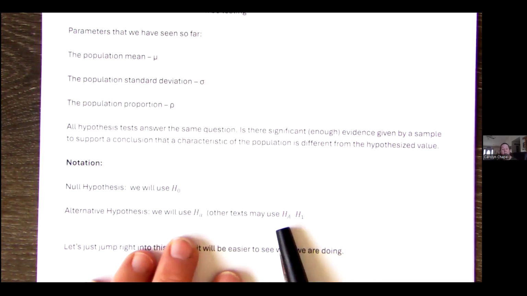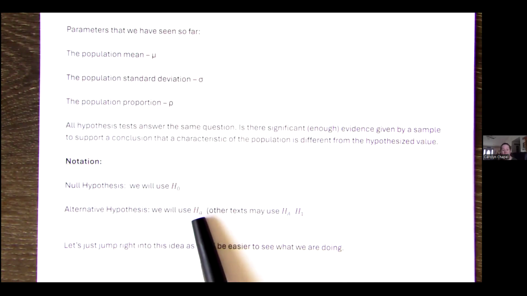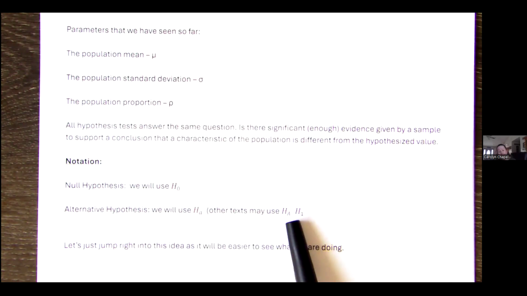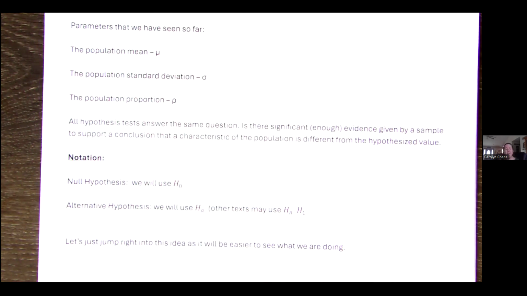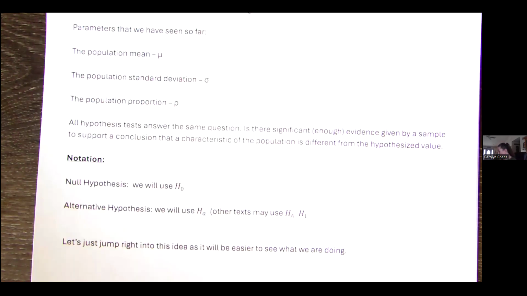And then we're going to have this alternative. In our textbook, we use an HA. I have seen some use a capital A, and I've seen some textbooks use a 1 versus the 0. I'm going to jump right into writing these hypotheses so we can get a feel for what we're going to be doing, and then we'll go through the whole process.